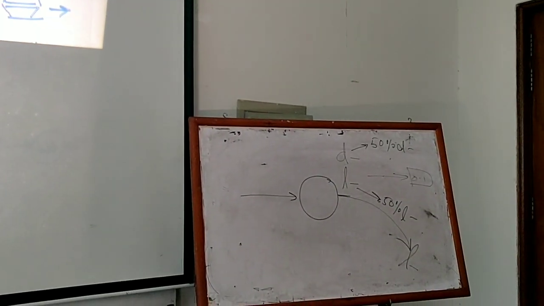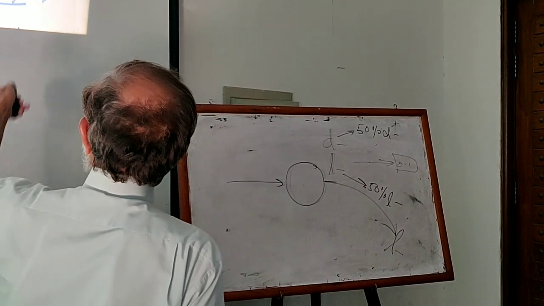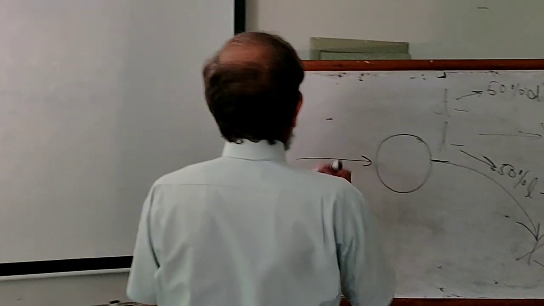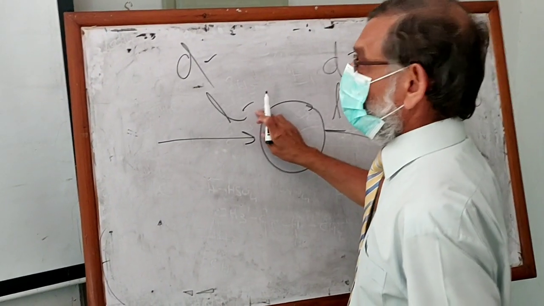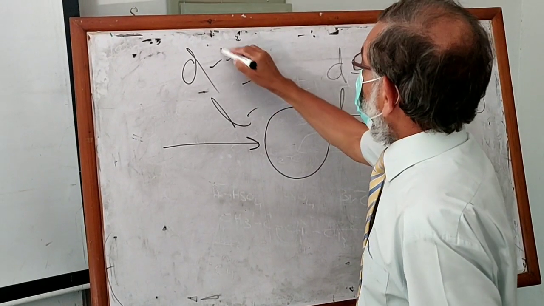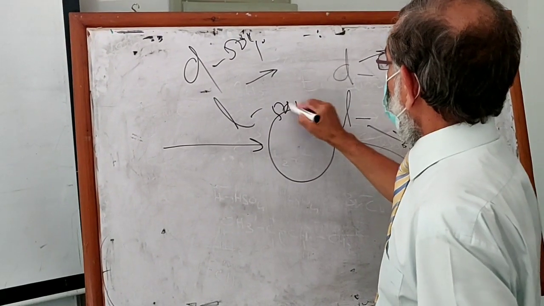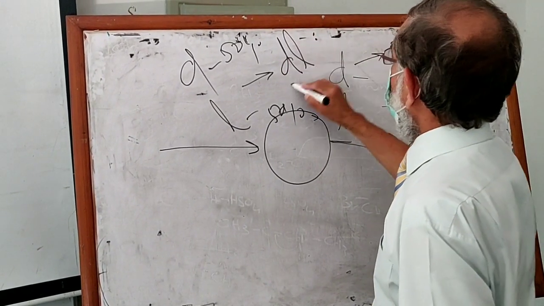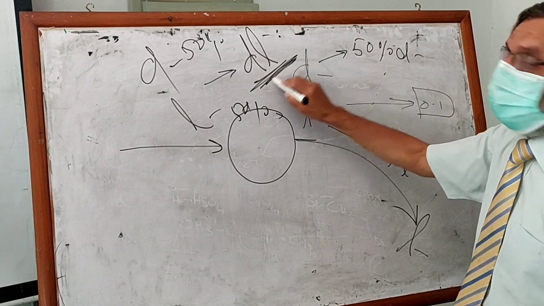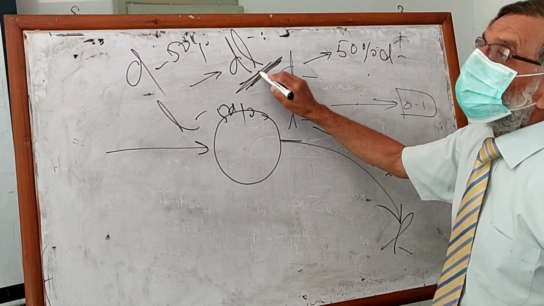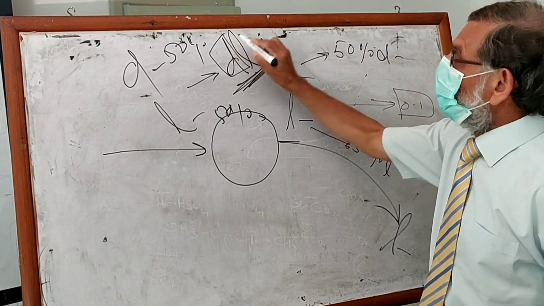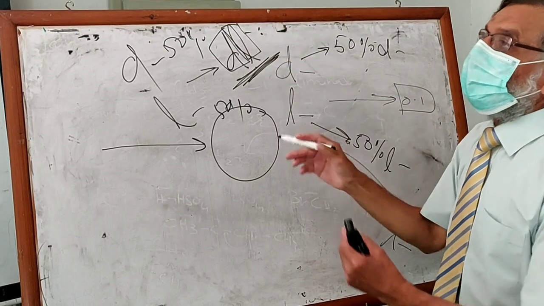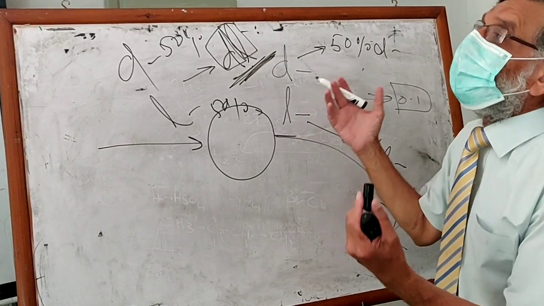Now if it is moving to the left hand side, that will be represented by D. If it is moved towards the right hand side, it is represented by L, and 50% dextro and 50% levo combine together to form the DL form, and this DL form is optically inactive because 50% is towards left, 50% is towards right, and so this compound will be inactive.